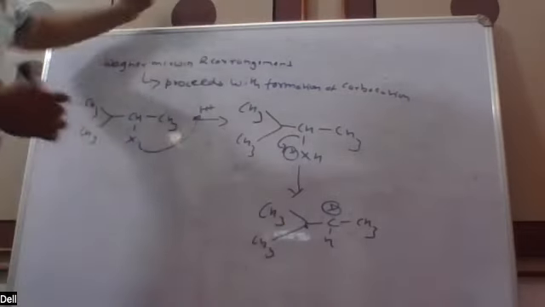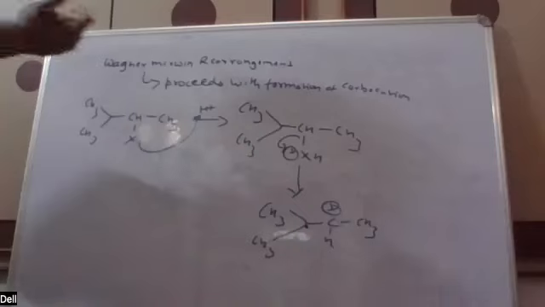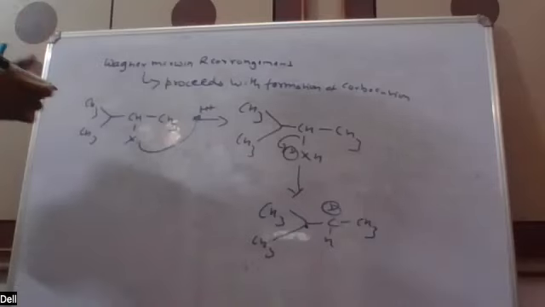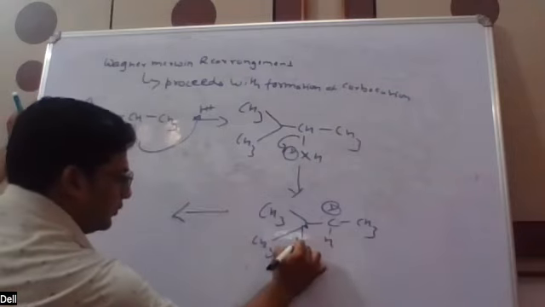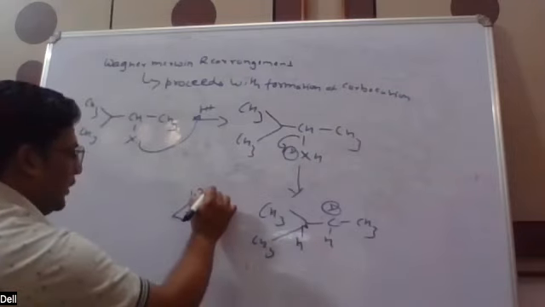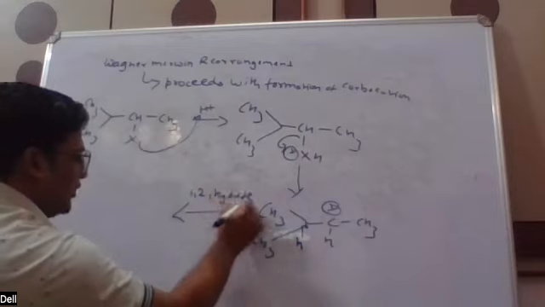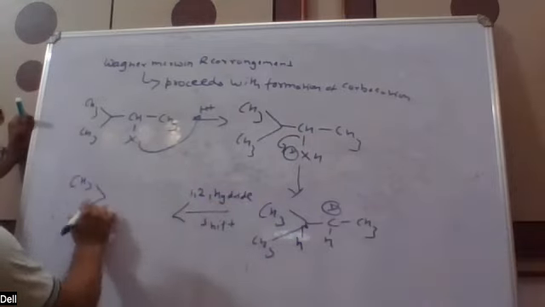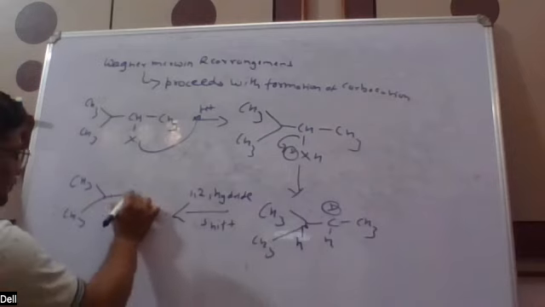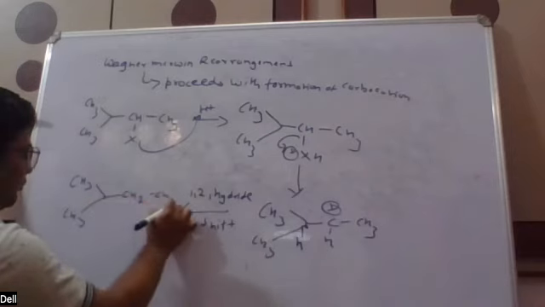So the 2-degree carbocation can easily rearrange by 1,2 hydride shift, and it can lead to the formation of a 3-degree carbocation.